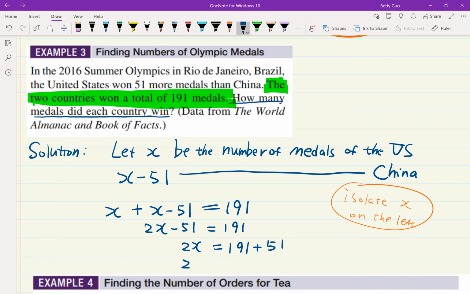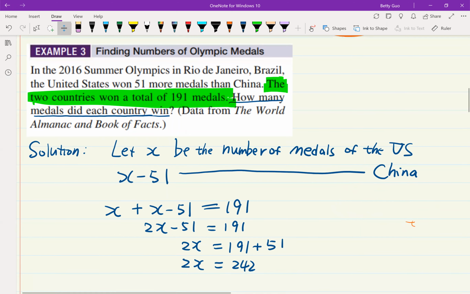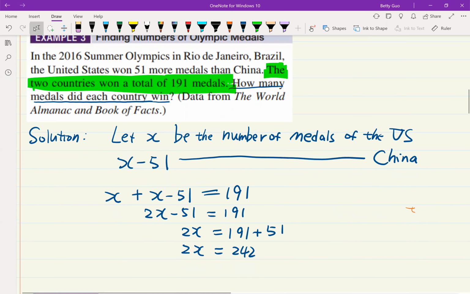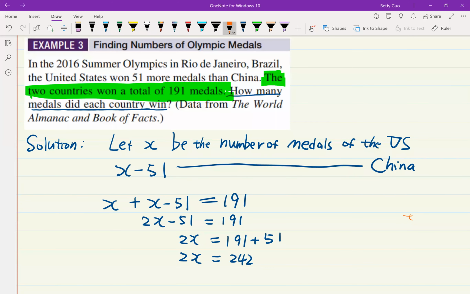Okay, so tell me please, what is 191 plus 51? 242, awesome, thank you, very good. Almost there. How do we isolate the X? Get rid of the coefficient 2.